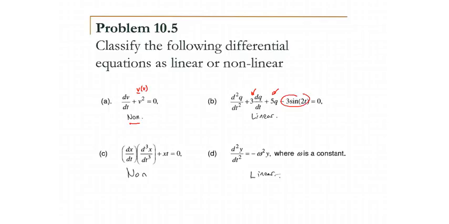This guy can be kicked over to the right hand side, no problem, it's linear. In front of my highest order differential term that I'm looking at, I've got something which is a function of itself, so delta x delta t, so that's going to be nonlinear.